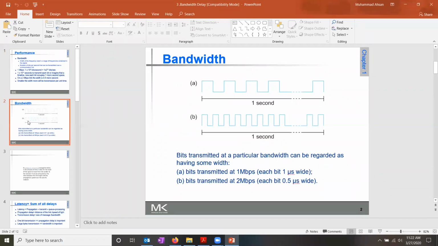Okay, can you see this diagram? Yes, sir. In this diagram, you have two figures, A and B. The first figure is representing how many bits are traveling in 1 second. And then you can see in the diagram below that in another 1 second the bits have increased.